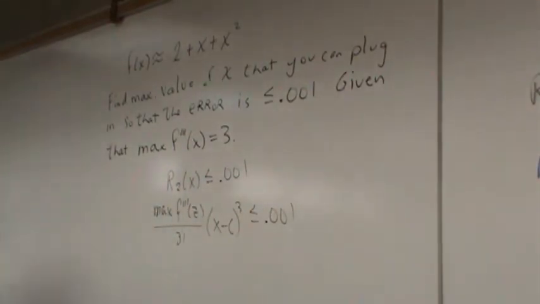So you should be plugging into that. They've told you what the maximum possible error is, so you just need your thing to be less than or equal to that.